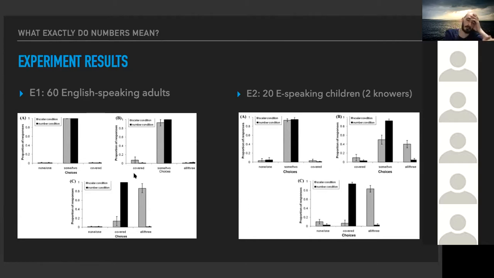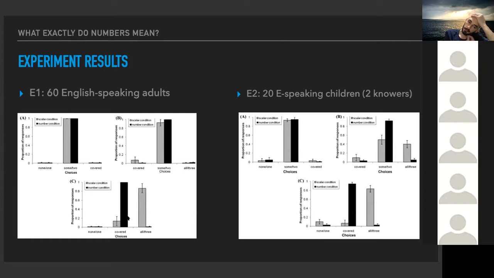But what really is interesting is the test phase, like here in C. There you can see that 87% of adults chose the box in which Cookie Monster had all of the cookies and rarely selected the covered box here.